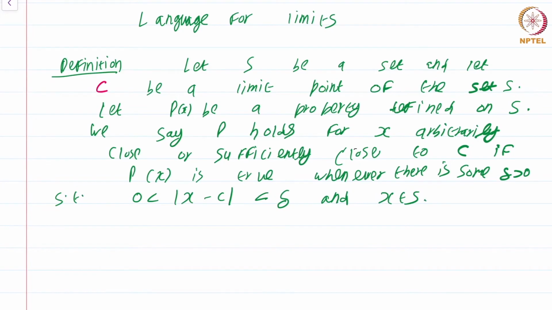You have a set S and you are choosing a limit point C of this set S. You have a property P(x) defined on S. We say P holds for x arbitrarily close or sufficiently close to C if P(x) is true whenever there is some delta greater than 0 such that 0 less than mod x minus C less than delta and x is in S.